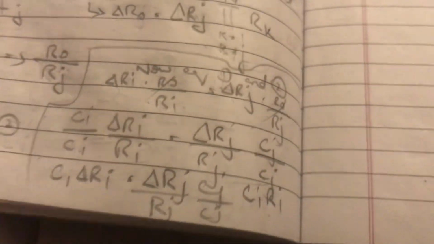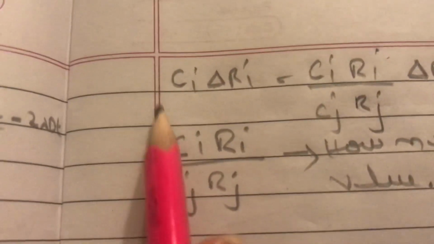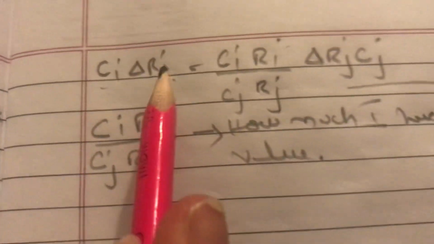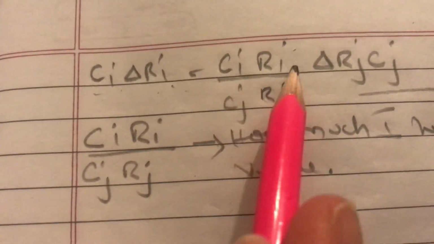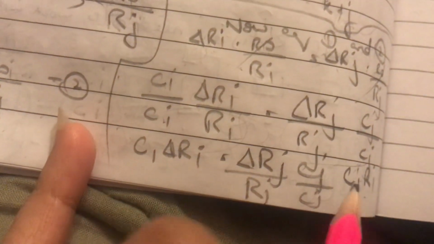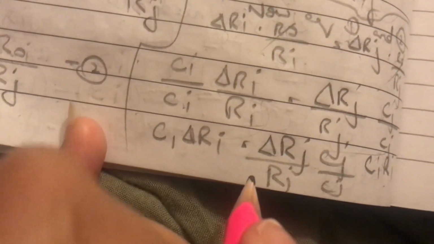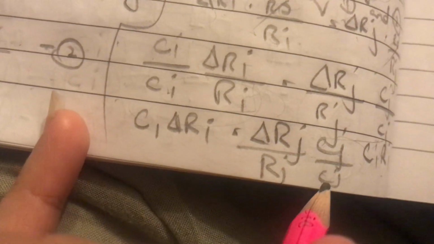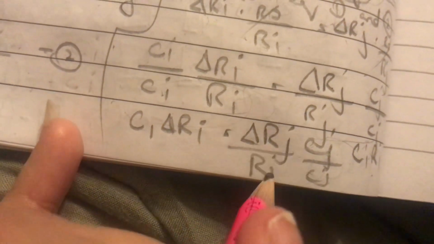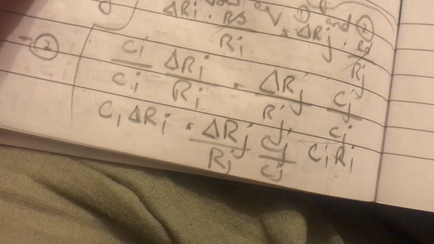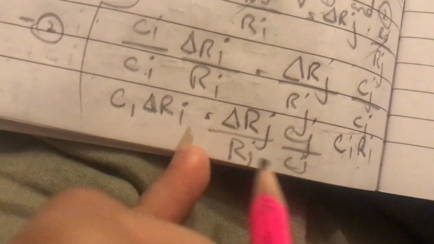And what we got now, we have Ci and delta Ri, and Cj and delta Rj. Ci and Ri, Cj and Rj.